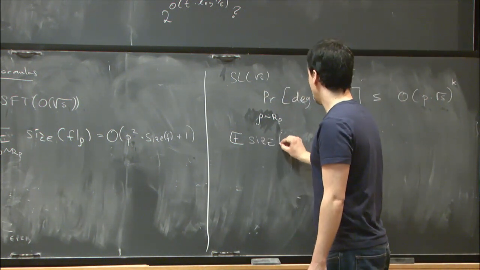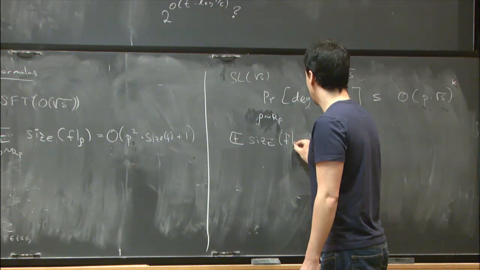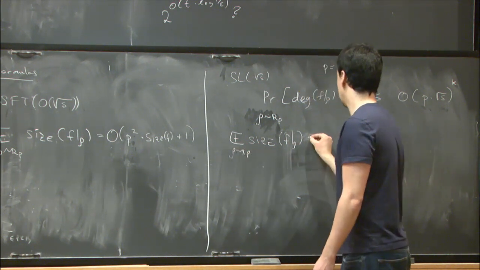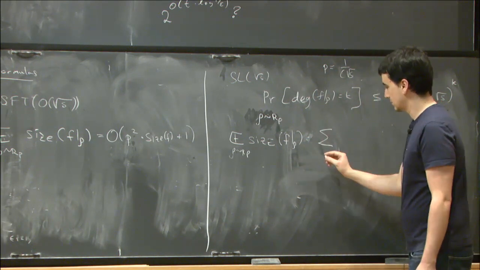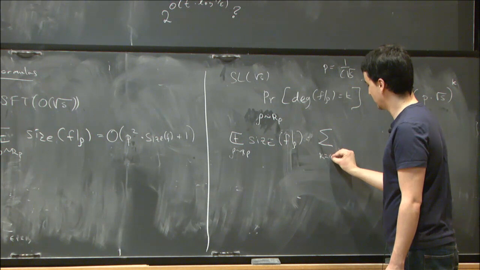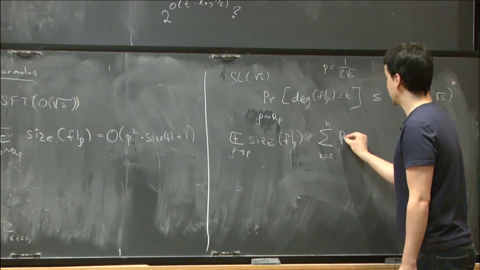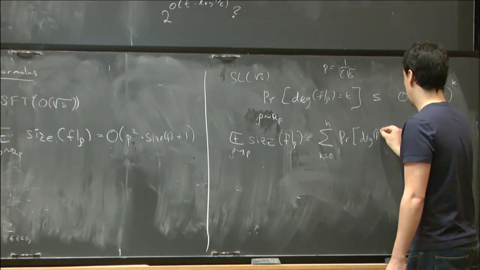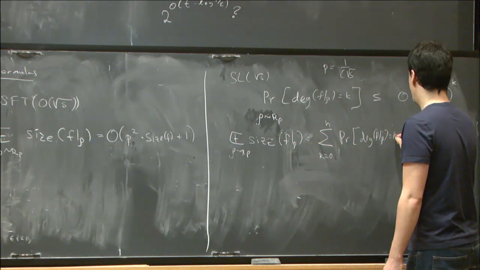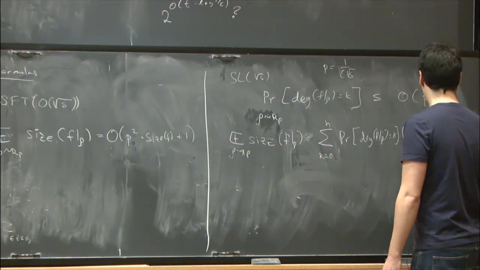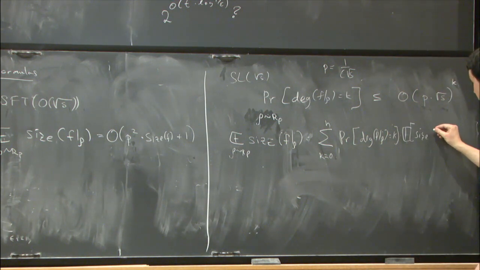So what is the expected size of the restricted function? I can take, as before, a sum over all possible k's from 0 to n. The probability is that the degree equals k, times the expected size conditioned on that.